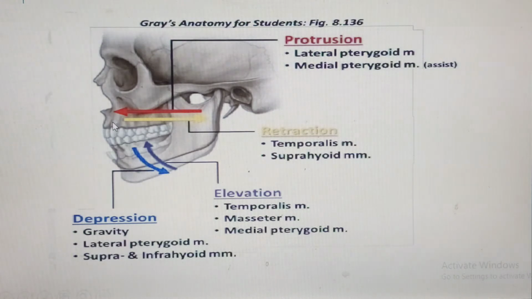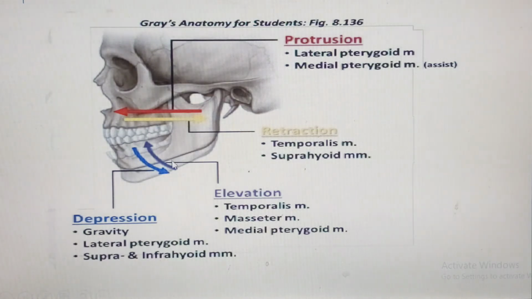The opposite, bringing it posteriorly, is what we call retraction. Retraction of the mandible at the temporomandibular joint is mainly by the posterior fibers of the temporalis muscle. We will see some other muscles later, the suprahyoid muscles, which are very important in the neck triangles.